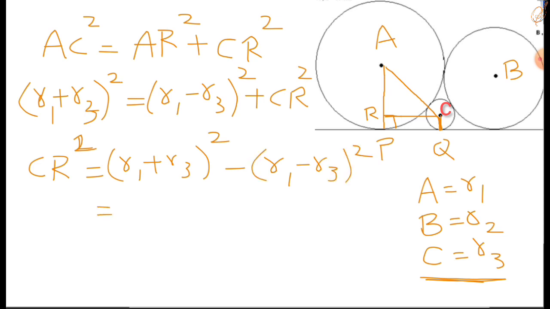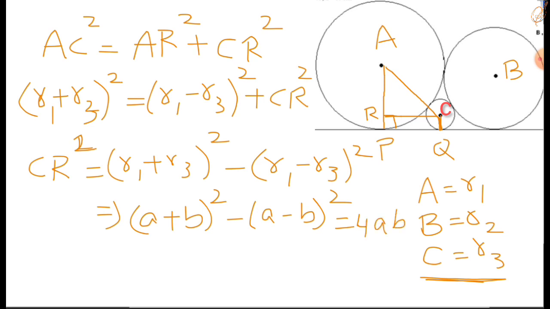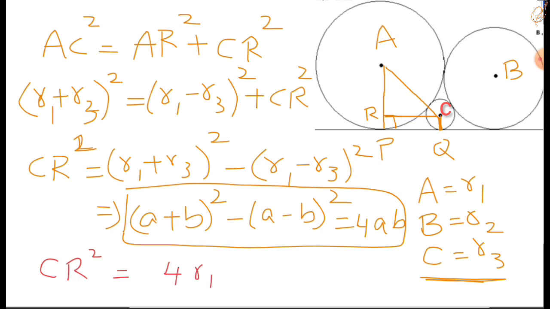It is in the form of A plus B whole square minus A minus B whole square. The formula is 4AB. Using this formula, you can write 4R1R3. Take square root on both sides, so CR equals 2 square root of R1R3.